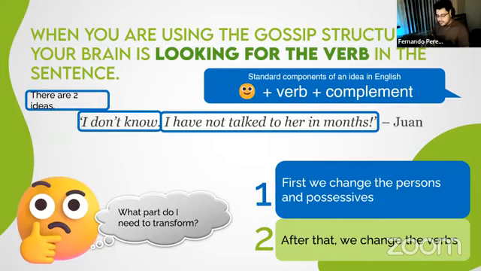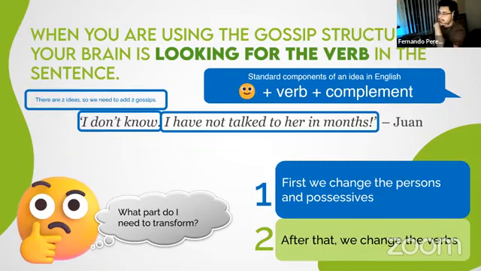And for that reason, we need to add two gossip sequences, because one gossip corresponds to one idea. You see what I mean?